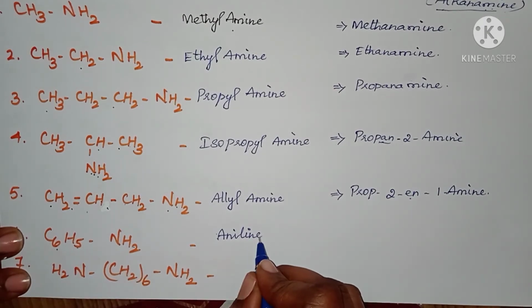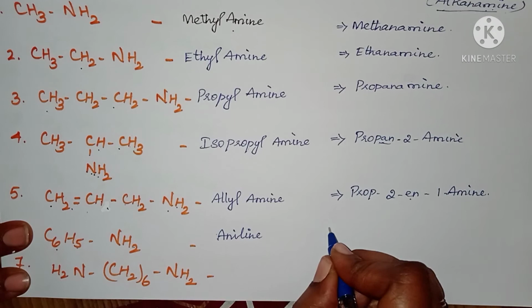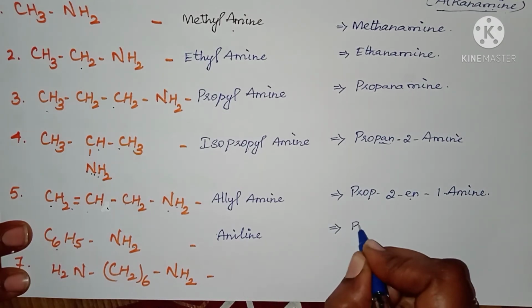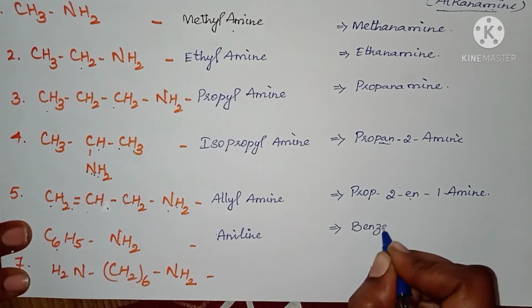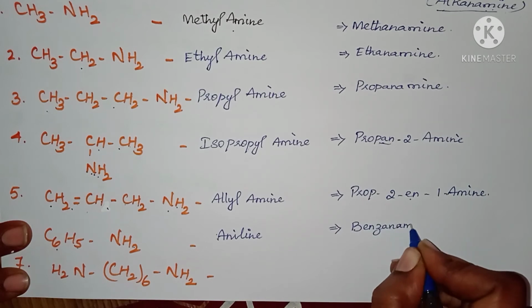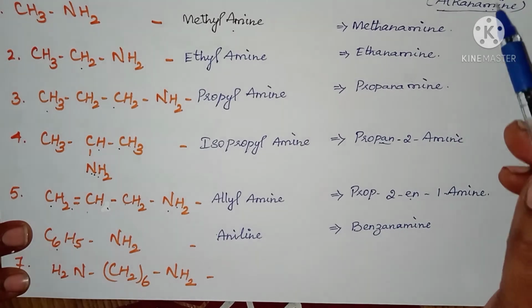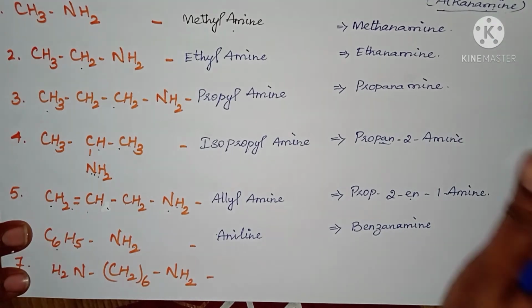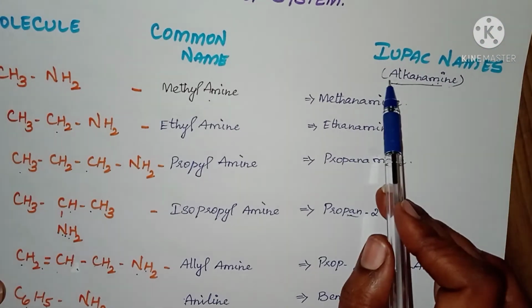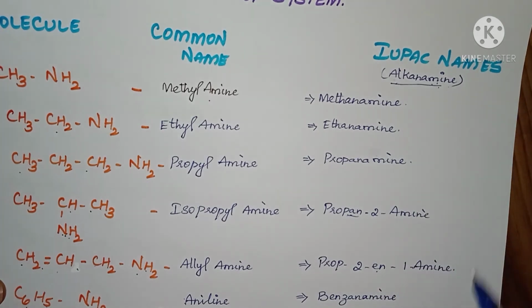C6H5NH2, the common name is aniline. Now the IUPAC name is benzenamine. See, the common name and the IUPAC name. I have mentioned alkanamine, that means alkane.